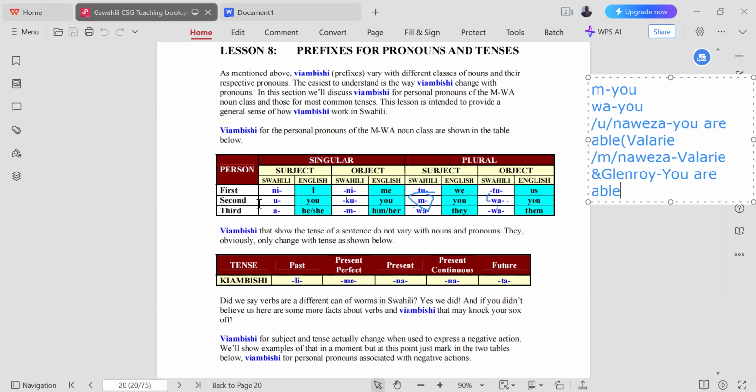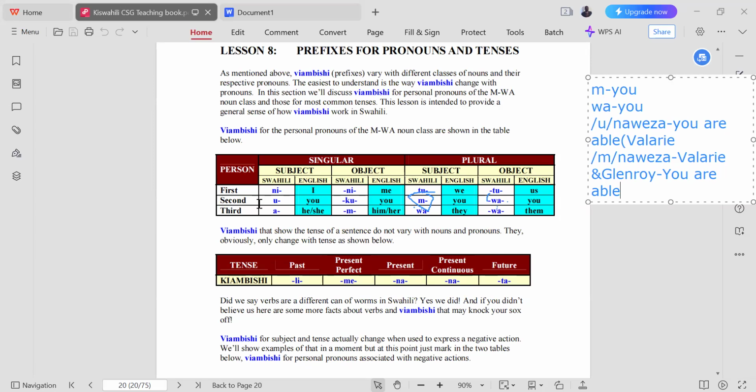Yeah. Then can you check on the other side, the plural side? Where there is a subject, the u in the subject plural will change to M. Are you seeing that? Yeah. Which gives mnaweza, but English is still what? You. So you see, English hasn't changed whether it was you in the singular aspect or you in the plural aspect. That's what I'm trying to show here.